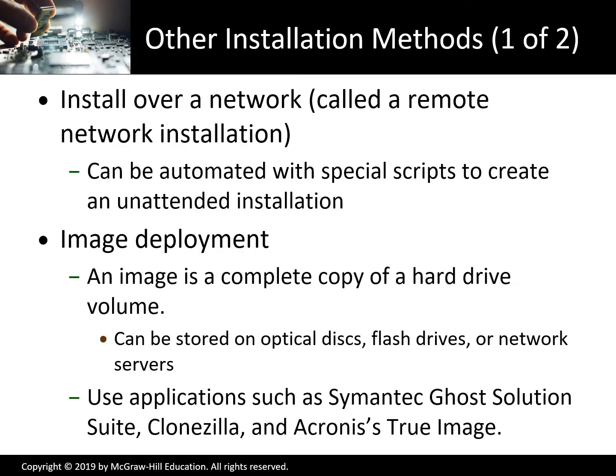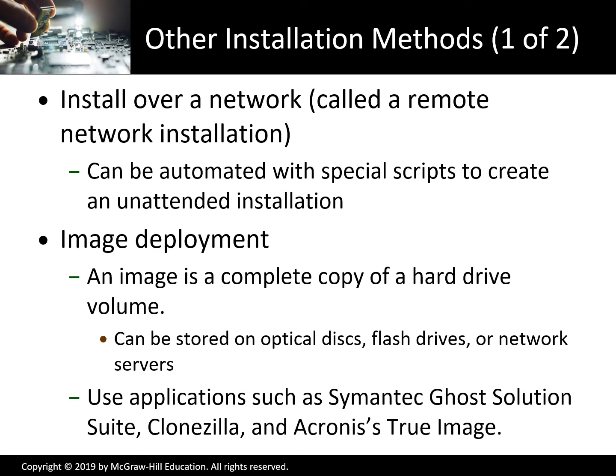Now, installing over a network, a remote network installation, it can be automated with special scripts created for an unattended installation. Now, in the old days, a long time ago, at the end of the semester, we'd install brand new operating systems, basically wipe the disks, and my people would go like little monkeys from computer to computer, installing the new operating system, and then install the application software.